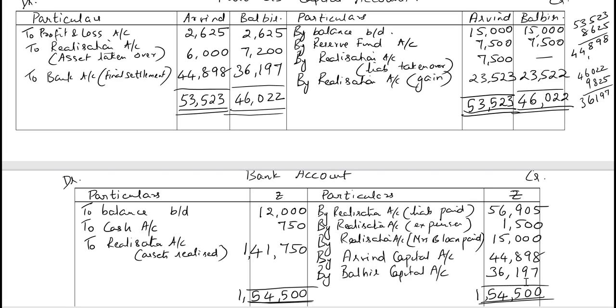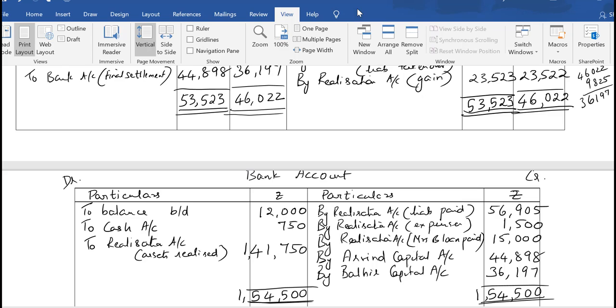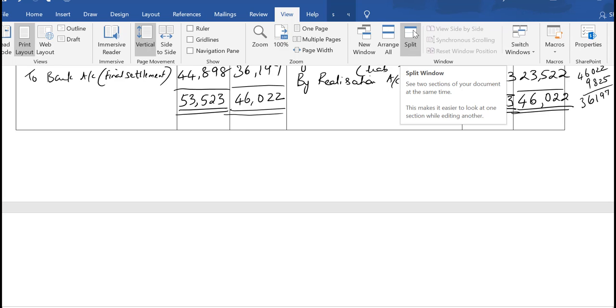And the credit side also totals to 1,54,500 rupees. Both sides tally. We know our arithmetic is correct. I'll remove the split and we can view all the accounts together.